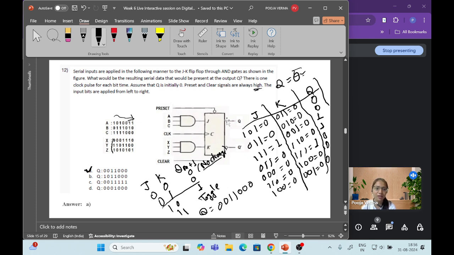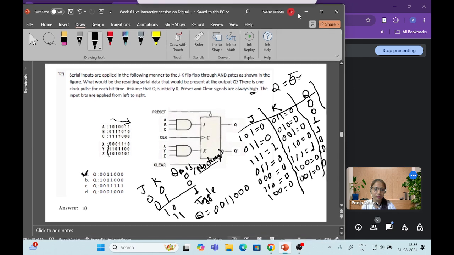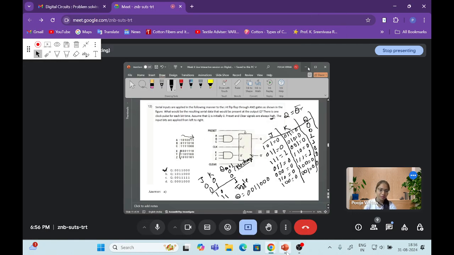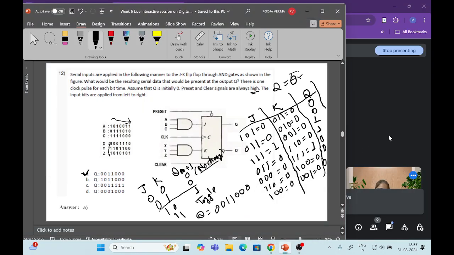I mean it will clear the output. It will always be 0. From next week onwards, you will see the counters and register circuits. So you will be able to see that preset and clear are always high, not 0.